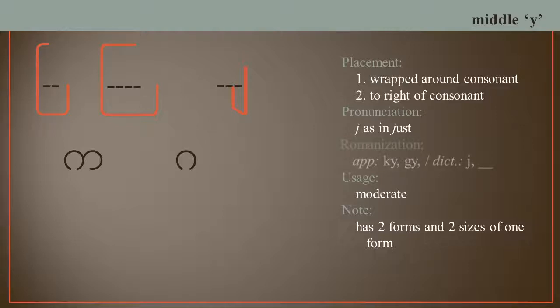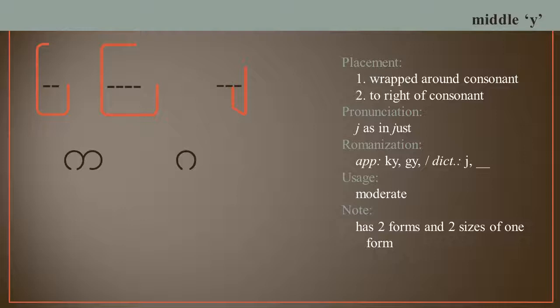But now the Romanized form on both the language app and the dictionary could be a little confusing. On the language app, you're going to see it symbolized by the letters KY or GY. In the dictionary, they're going to use the letter J or a modified J, which has a little pigtail at the bottom. The tail of that J wraps around in a little pigtail.